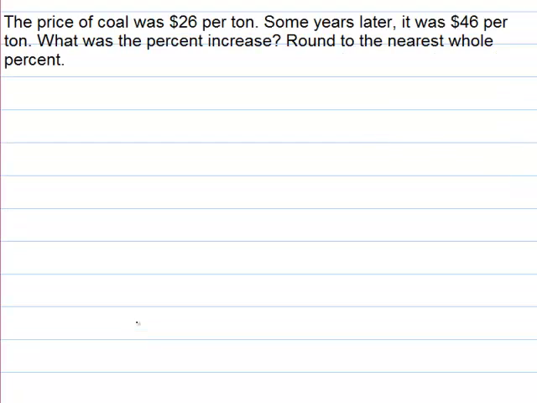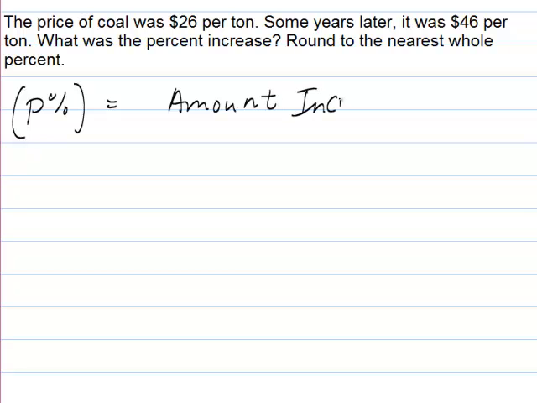The price of coal was $26 per ton. Some years later, it was $46 per ton. What was the percent increase? Round to the nearest whole percent. All right, so the percent increase will equal the amount of increase. That's the change, the difference between where we started and where we ended.